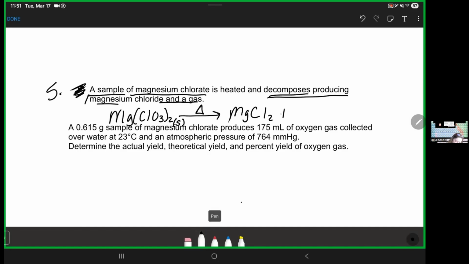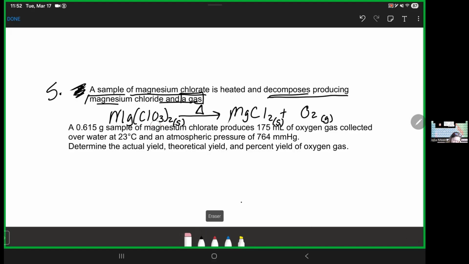And a gas. Well, what would that gas be? Look at what you have over here. The only thing you have besides magnesiums and chlorides is oxygen. So it has to be oxygen gas. And you know oxygen gas is O2. So this produces solids and gases.